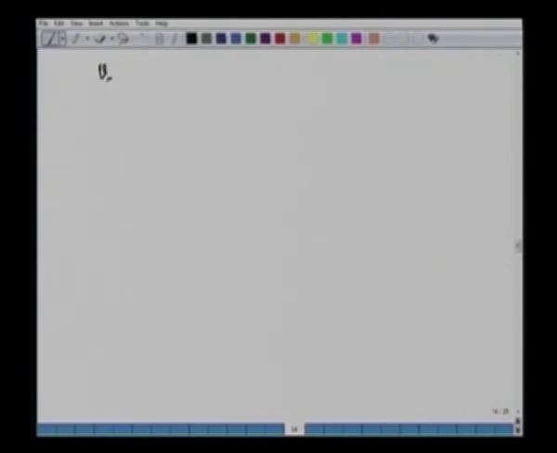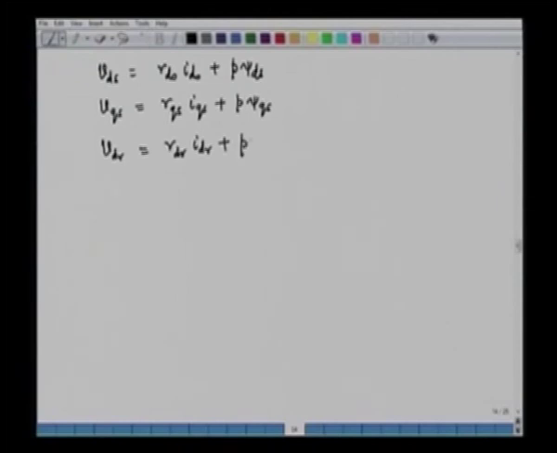VDS is equal to RDS IDS plus P psi ds, VQS is equal to RQS IQS plus P psi QS, VDR is equal to RDR IDR plus P psi dr minus omega r psi QR, VQR is equal to RQR IQR plus P psi QR plus omega r psi dr.